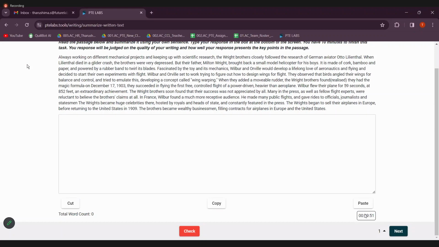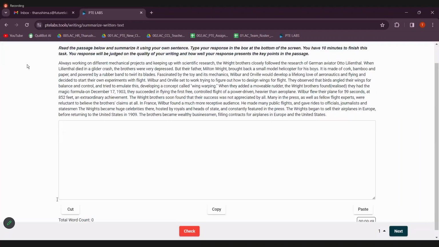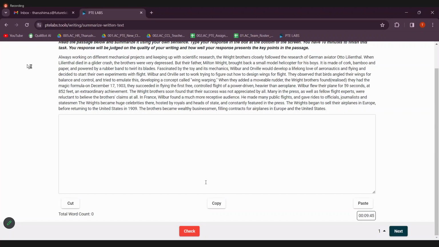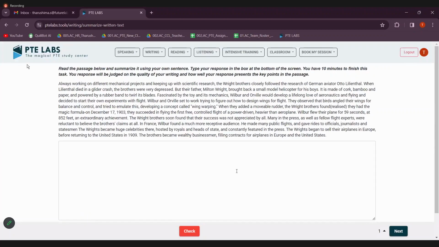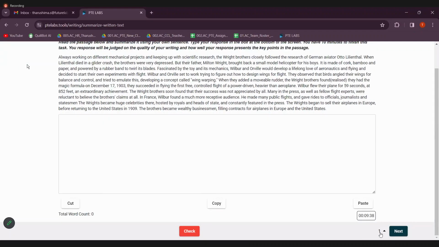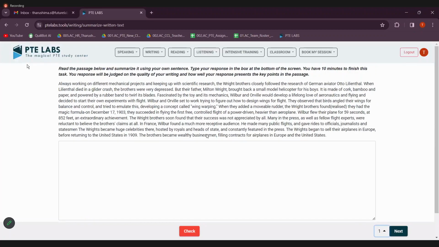You will be given a timer like this, and also these cut, copy, paste functions, the word count, as well as the next button. They'll be there. The check button and the question numbers are the only differences from the PTE platform. Otherwise, everything is similar to the PTE platform, right?